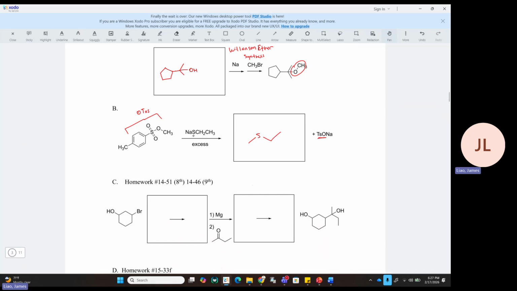The benzene is part of the tosylate, so that benzene is actually over here. It's just condensed. We only have the CH3. The whole thing, OTos, is the good leaving group.